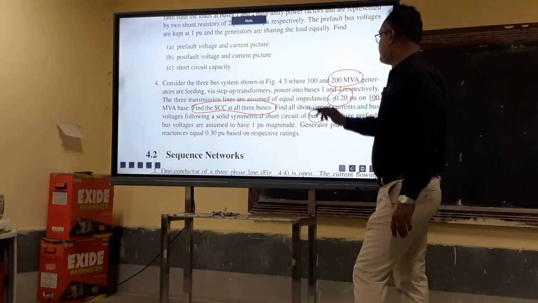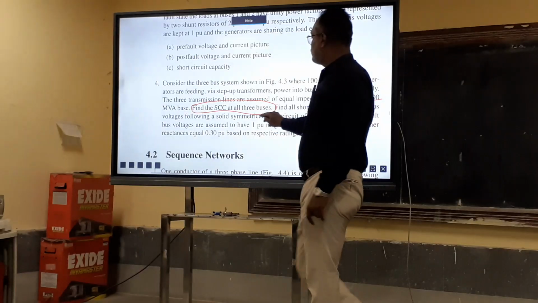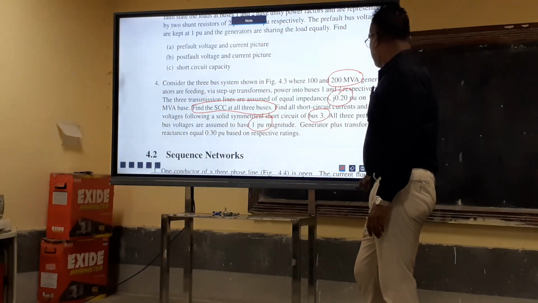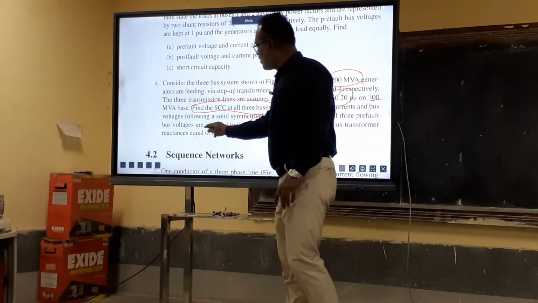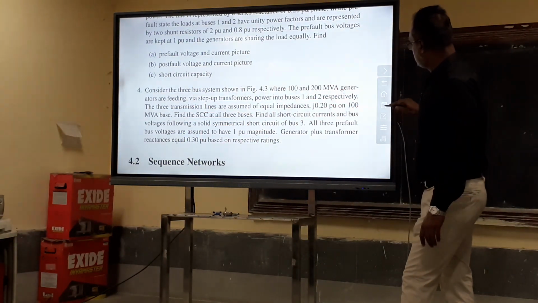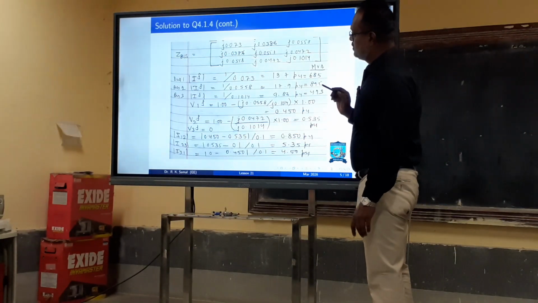So once you know the capacity, find out this. All 3 pre-fault voltages are assumed to have 1 per unit magnitude. Pre-fault voltage, take always 1 per unit. And generator reactances including transformer 0.3 per unit. Okay. So this is the Zbus.